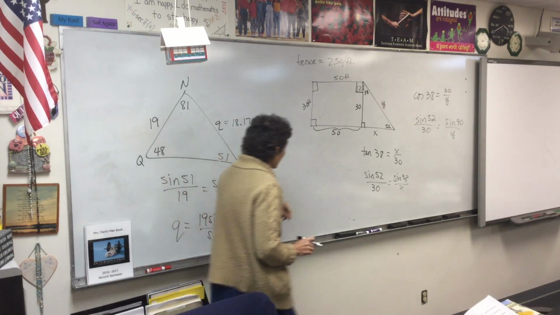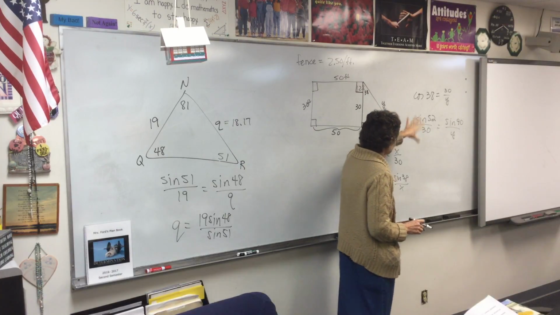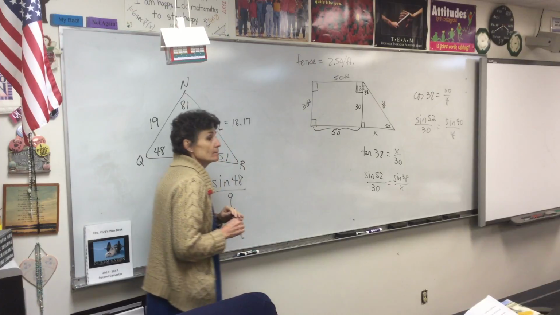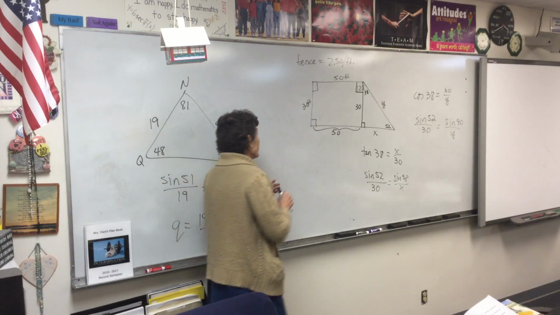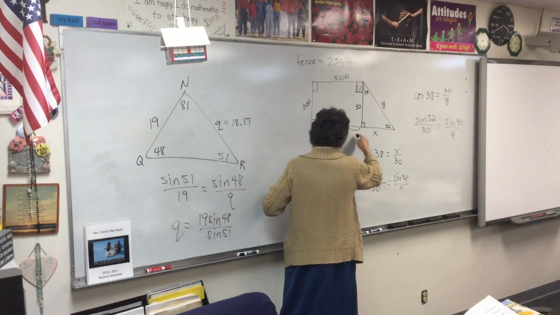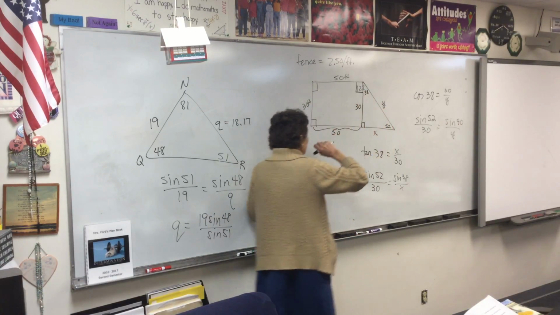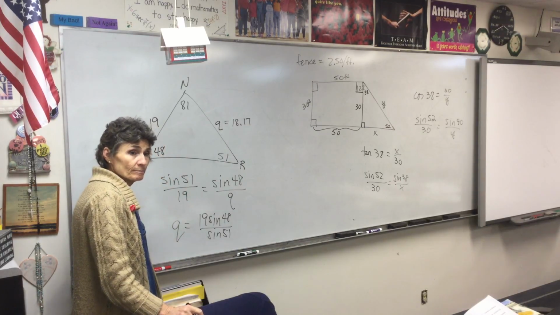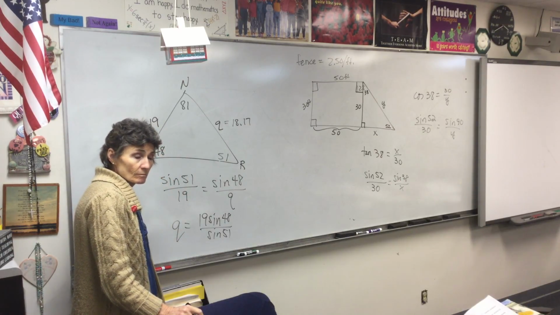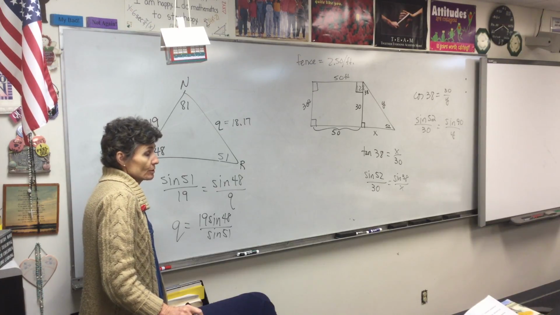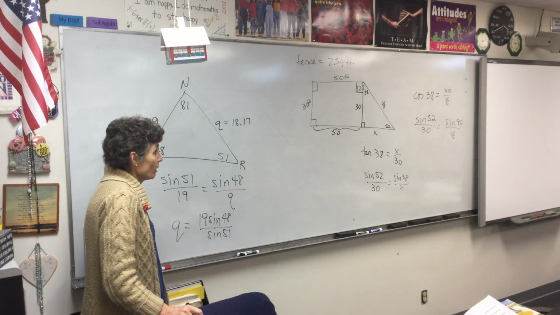Once you figured out what x and y are using one of these strategies, add them all up, so 50 and 30 and 50 and your x and your y, add them all up and multiply by 2.5. And that would tell you how much it would cost to close in that area.